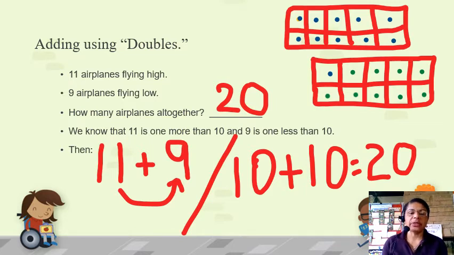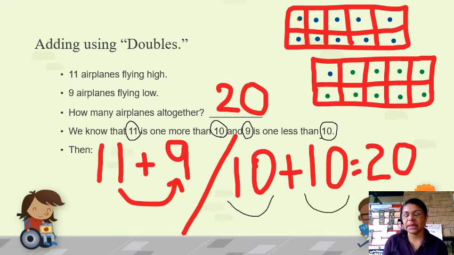We know that 11 is 1 more than 10. And 9 is 1 less than 10. Knowing that, then if I take this 1 in the 1's place from 11 and I give it to the 9, this 9 becomes 10. And now I have 10 add 10 equals 20.